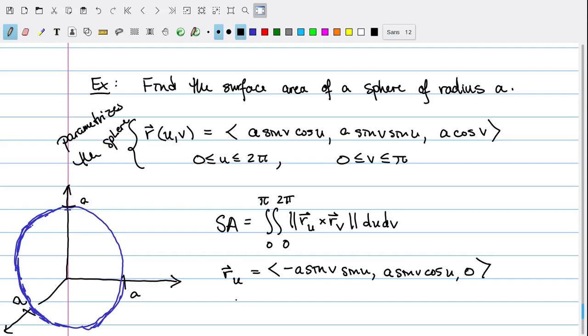Similarly, let's get r sub v. And this gives me a cosine v cosine u, a cosine v sine u, and minus a sine v.